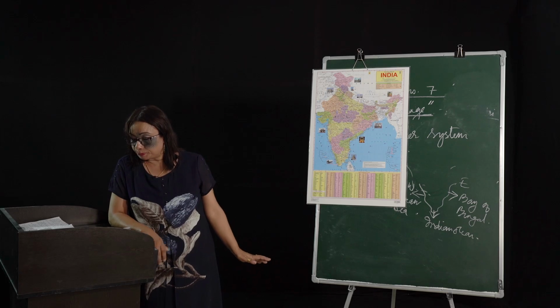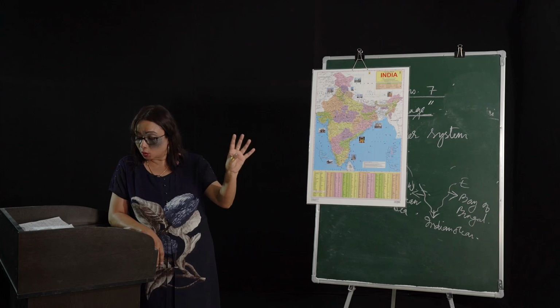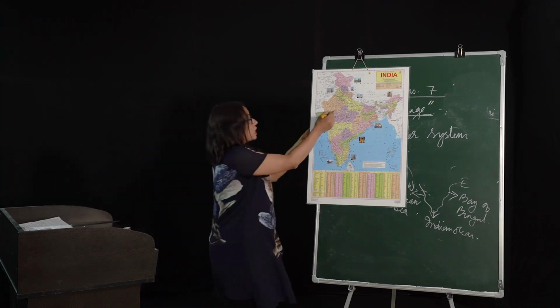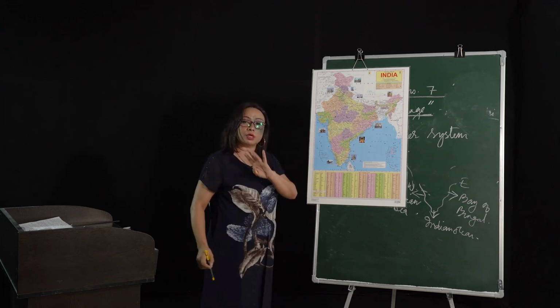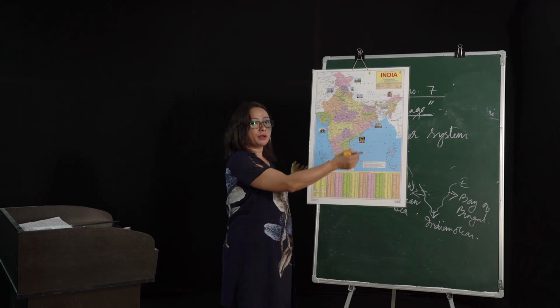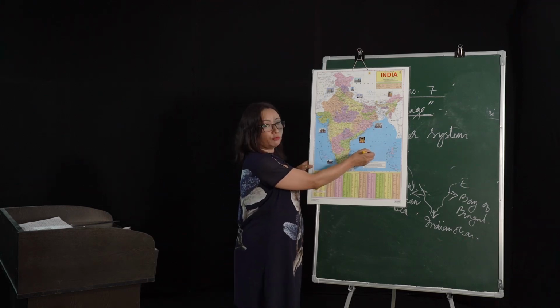peninsular rivers. Now, out of this, the Kaveri, Krishna, Godavari and Mahanadi, these four peninsular rivers that start around here, flow in different areas of India, but finally their water drains into the Bay of Bengal.